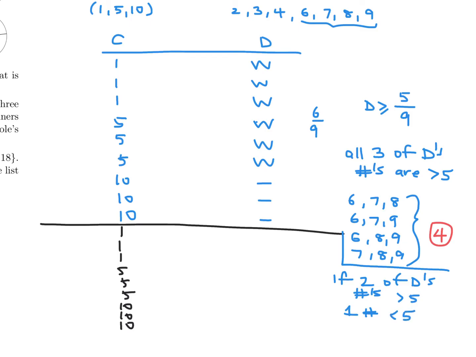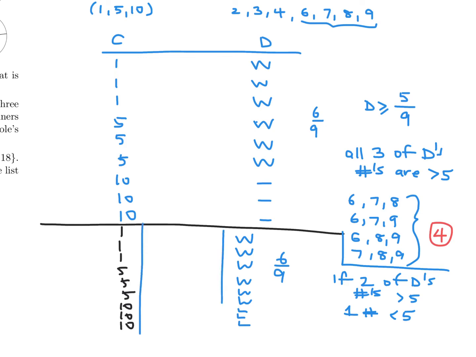So if two numbers are greater than 5, and you place them here, it'd be win, win, win, win, win, and then here it would be less than, so it'd be lose, lose, lose. So this is again a 6 out of 9. So we can choose that.